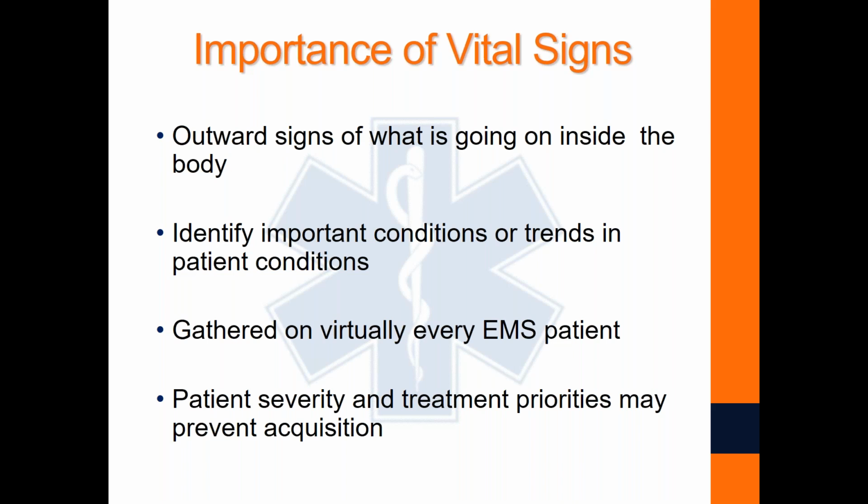We'll also start figuring out sort of what is baseline, quote, normal for a patient of particular age groups or health statuses, and it will help us sort of come to how severely sick or injured they may be and help us identify some treatment priorities that maybe aren't apparent just by looking at our patient.